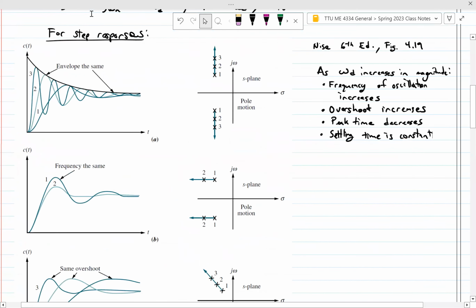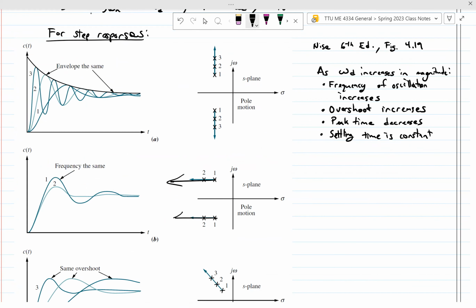So now let's make our real part more and more negative, but we're going to keep the imaginary part the same. So we're going to go this way. Right? Our poles are getting more and more negative for the real part.